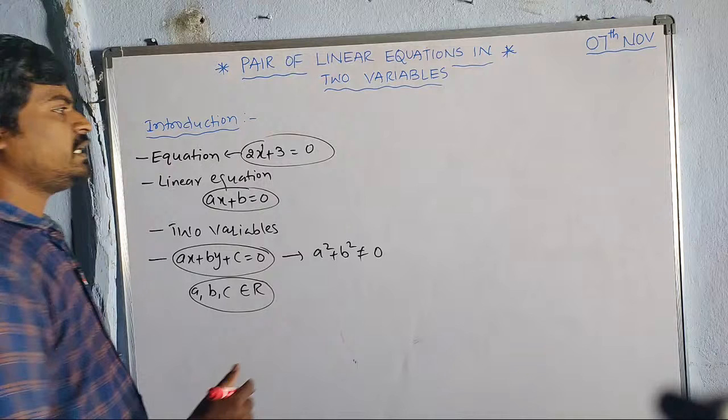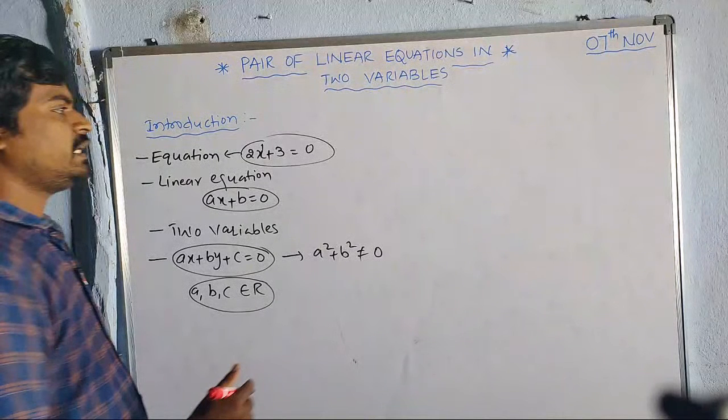Here 5x minus 4y plus 8 equals 0. The second one is 7x plus 6y minus 9 equals 0.